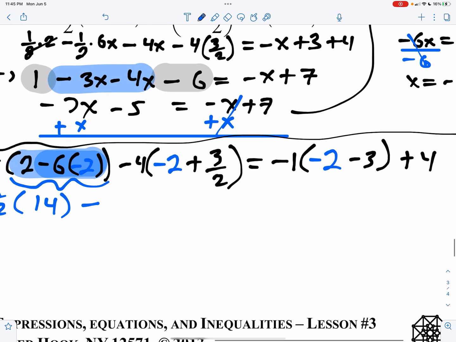Minus, now we have negative 2 plus 1.5 plus 3/2. Well, negative 2 plus 1.5 would be negative 1/2, essentially. That's negative 1/2 times 4.